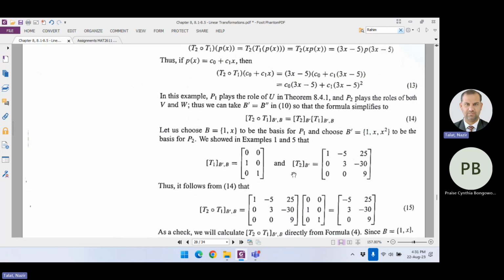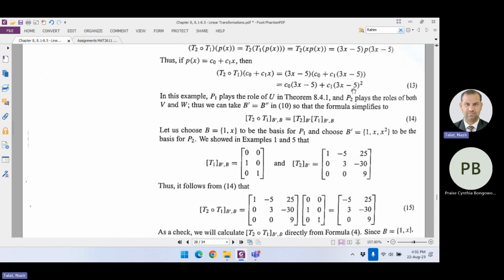For example, if we multiply, we will get this one, and this is also the same as if we take the composition of this one. One can take notice that the entries are minus 5 and 3, and the x square coefficient is 0, so here 0 comes.